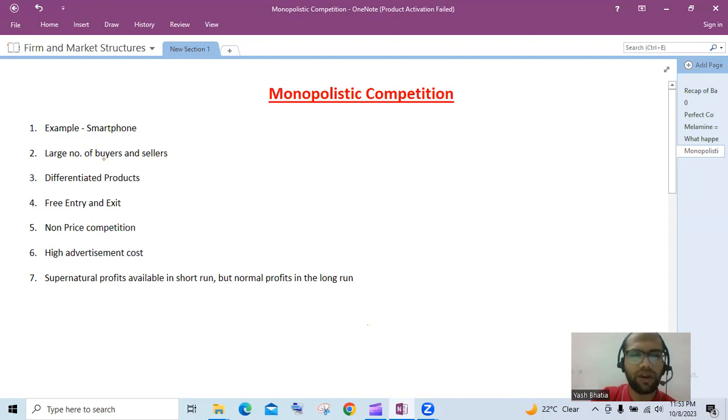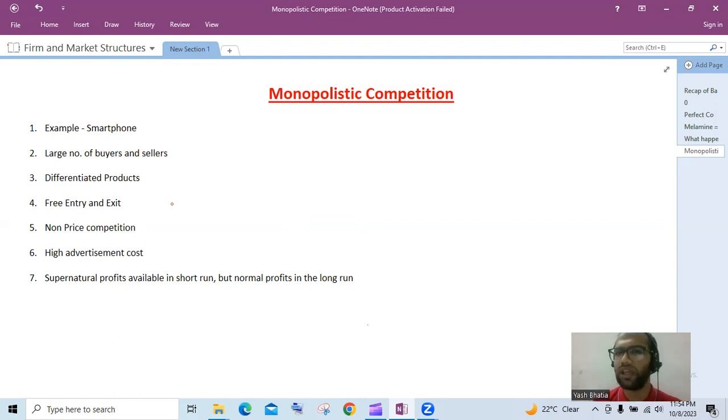So there are a large number of buyers as well as sellers in monopolistic competition. Another feature is that all smartphones have some basic features, like everyone can call from a smartphone, and have some additional features which differ from one brand to another or from one model to another. These smartphones, these products, are close substitutes.